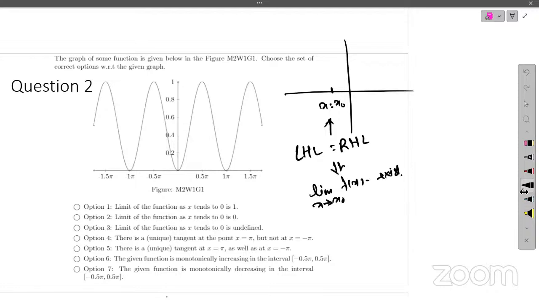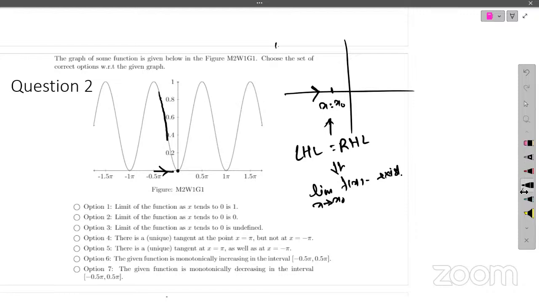Right. So for that, we approach the point x equals x naught from the left hand side and observe where our graph is approaching. Here we want to calculate the limit of the function as x goes to 0. So this is our point. If you approach 0 from the left hand side, this graph is actually approaching 0 itself.